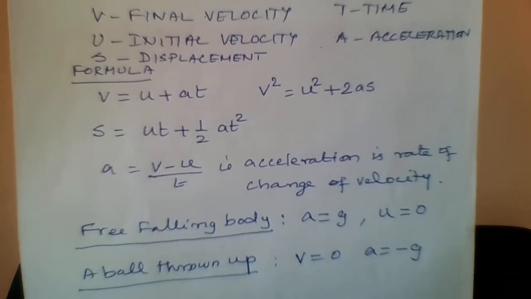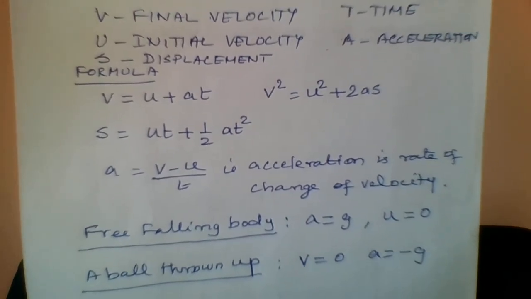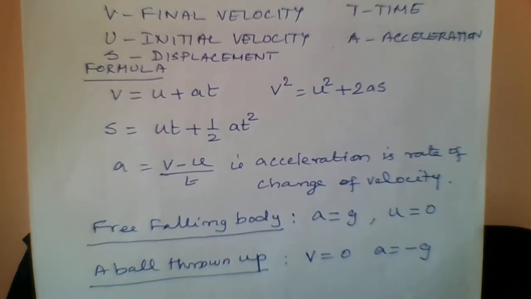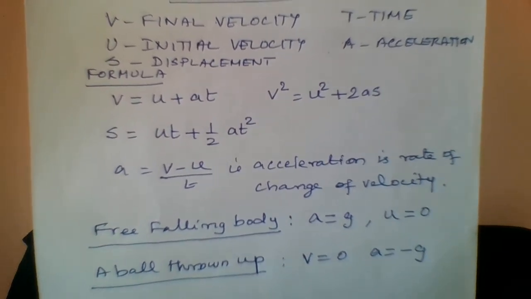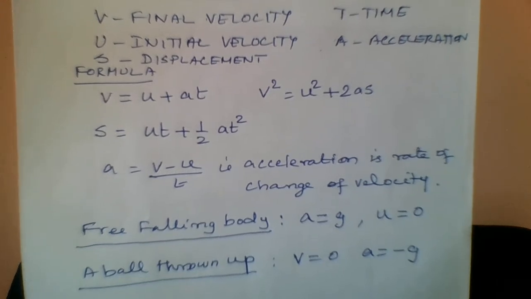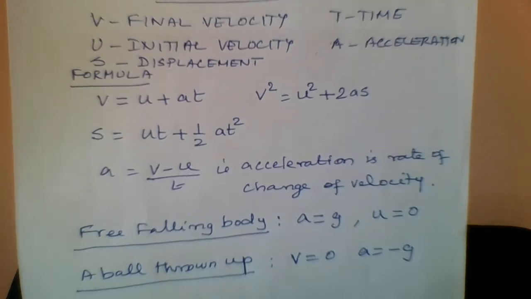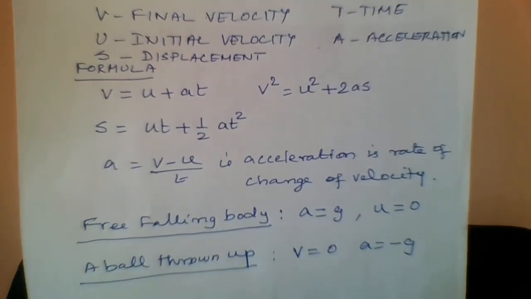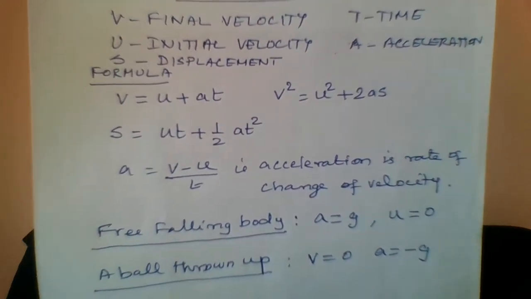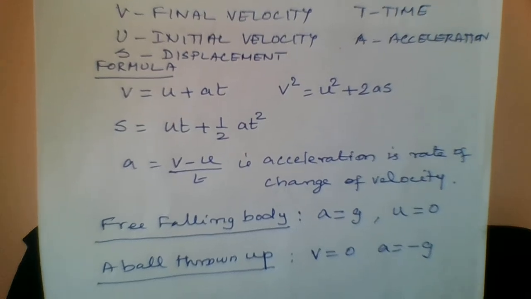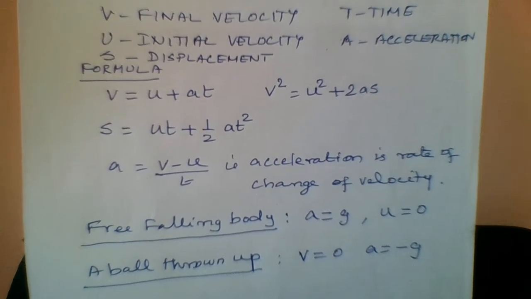If you drop a ball from a distance to the ground, this is called a free fall of the body. In that case, the initial velocity u is equal to 0, and acceleration is equal to positive g, that is 9.8.